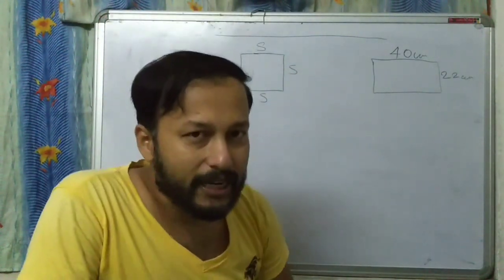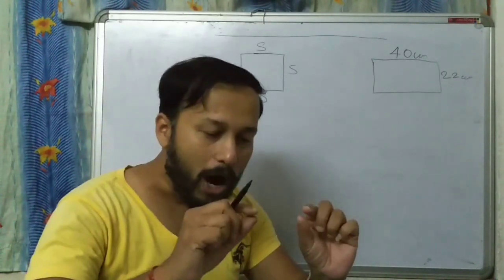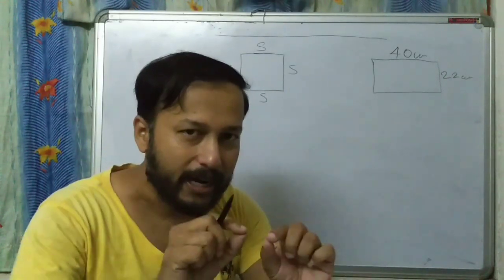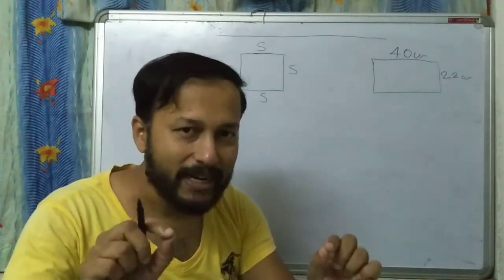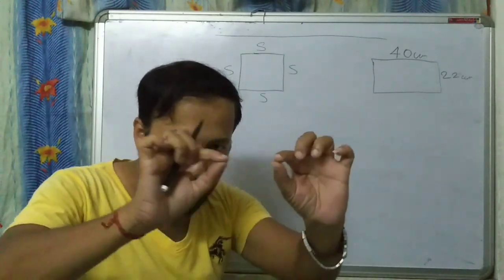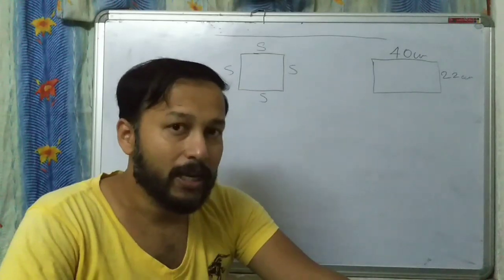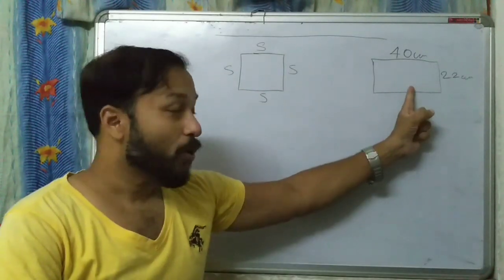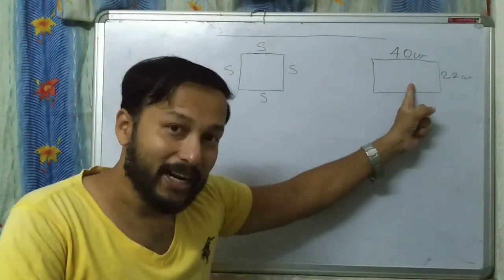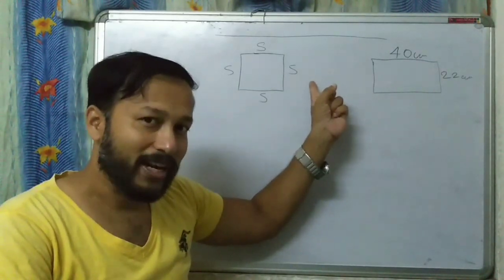Now, there is a concept you have to understand. When you are making the rectangle or the square, you are using the simple wire. That means the perimeter of this rectangle should be equal to the perimeter of this square.